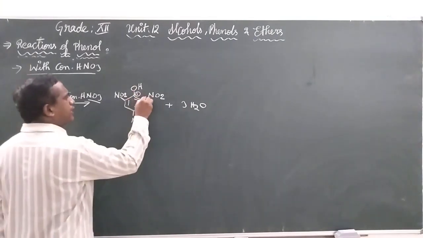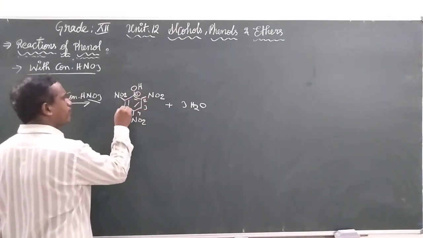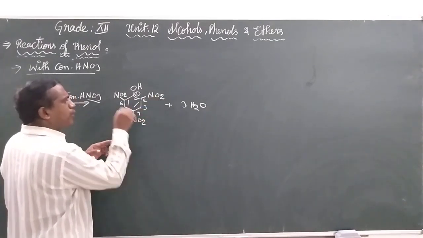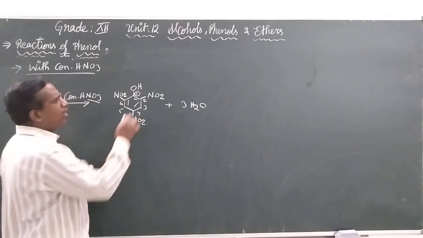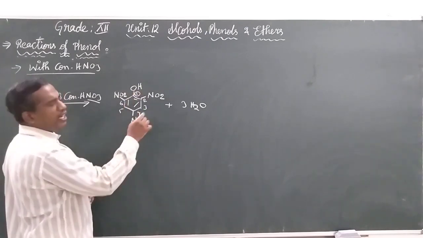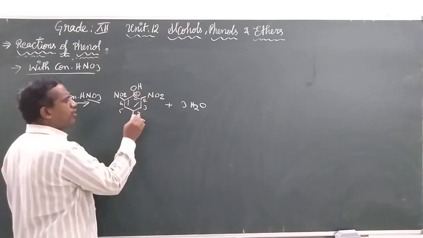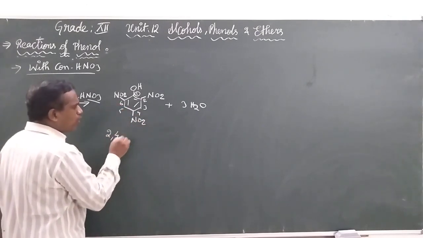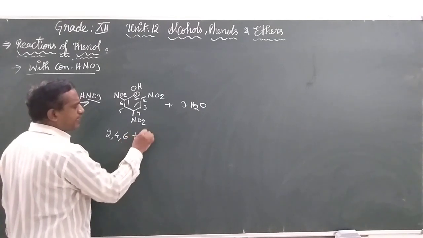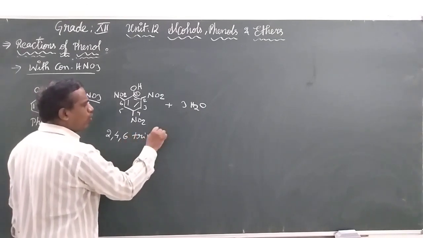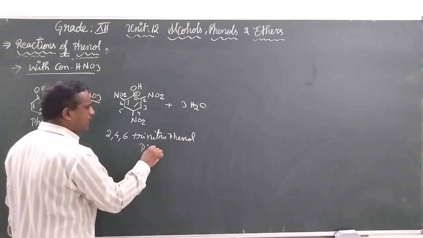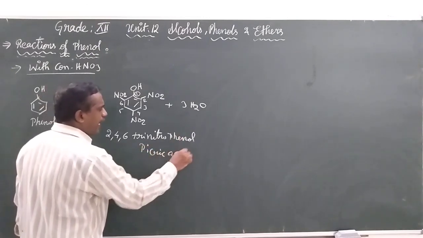So the phenolic OH is at the first position, and the nitro groups are at the second, fourth and sixth positions. So this is called 2,4,6-trinitrophenol, or in short, picric acid.